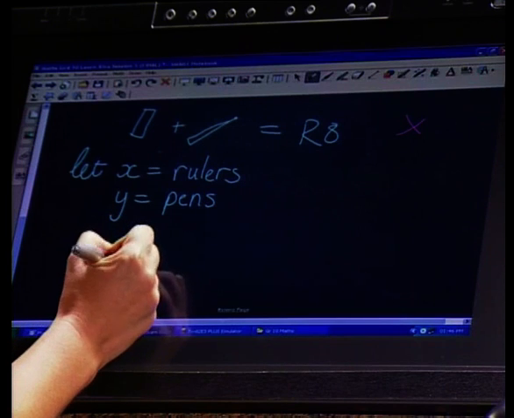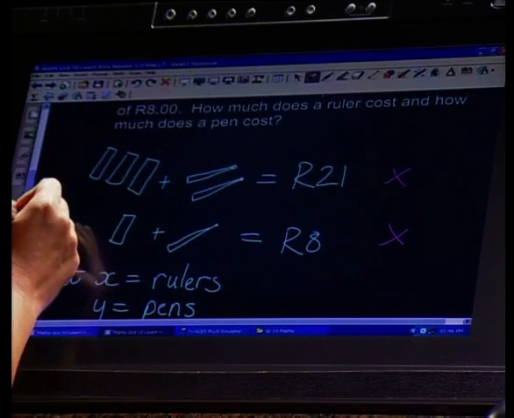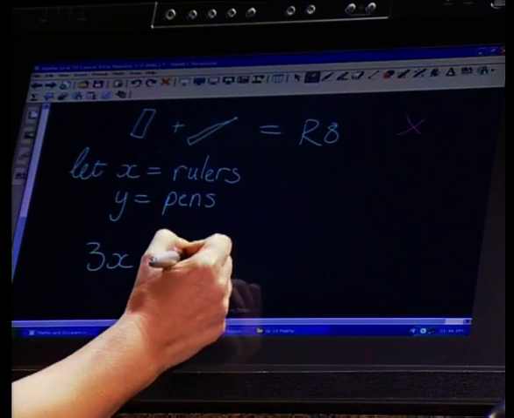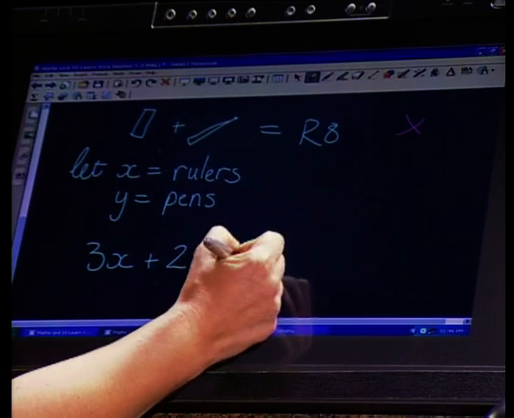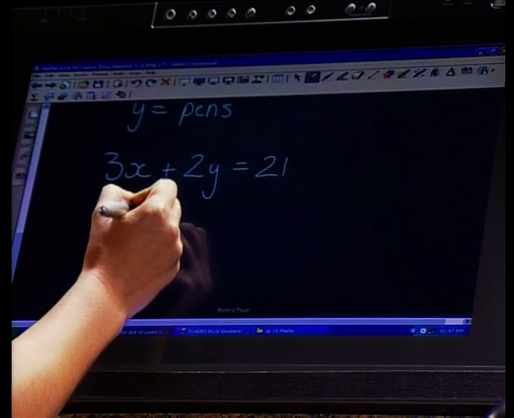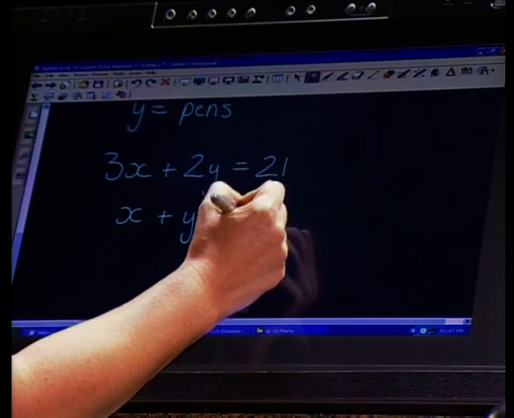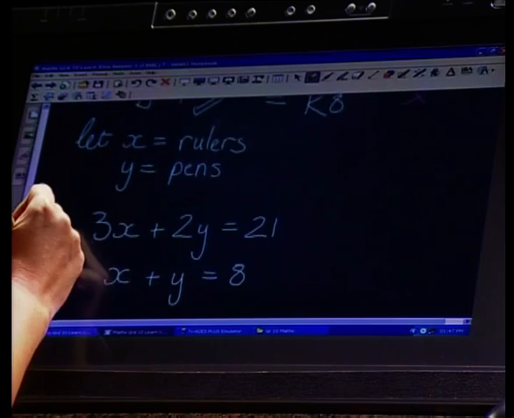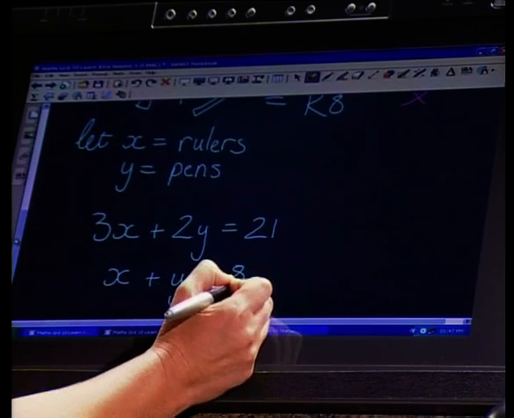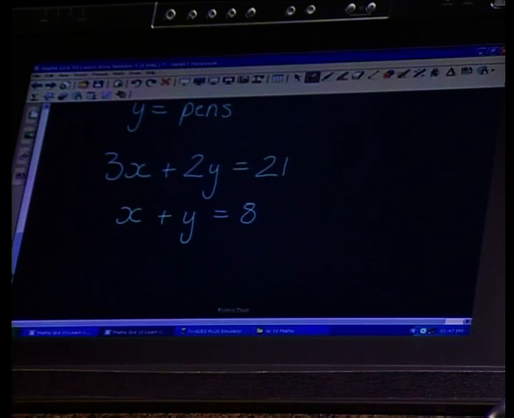So 3x plus, and how many pens do I have? 2 pens. 2y is equal to 21. Then I have 1 ruler plus 1 pen is equal to 8. I now have 2 equations that I need to solve, and that I'm going to do by simultaneous equations.